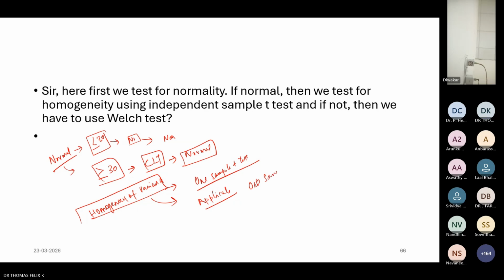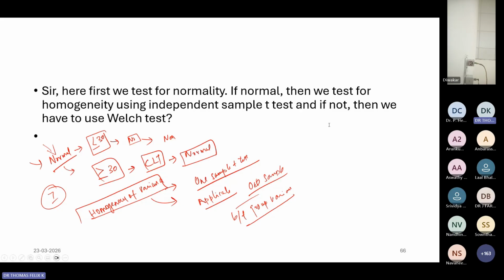In that case, we can't find the between group variance, so we can't satisfy all the assumptions. Some liberal things are there. As I said, if you have more than 30 samples, you don't need to worry about the normality assumption. But if it is less than 30 samples, then it is a serious concern, so you have to move to non-probability sampling. You can't use probability sampling.